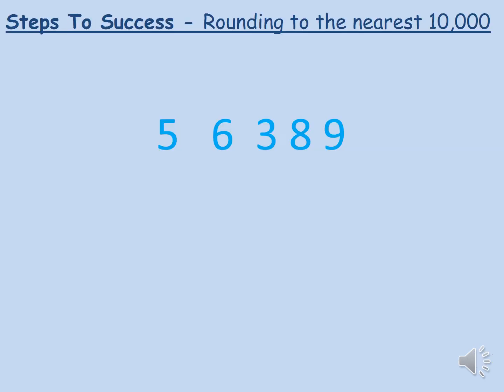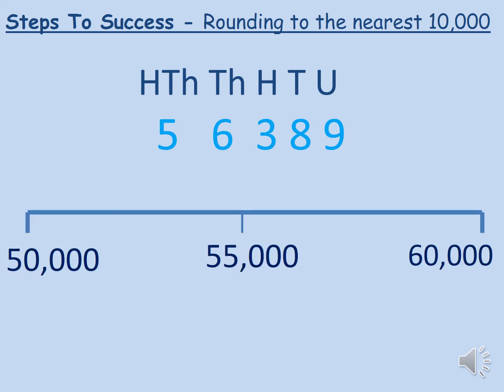Now we've moved on to a bigger number because we're looking at rounding to 10,000. Now this is what we covered in our lesson yesterday, and I was so impressed with how you coped with this. So we've got 56,389, 5 ten thousands, 6 thousands, 3 hundreds, 8 tens, 9 units.